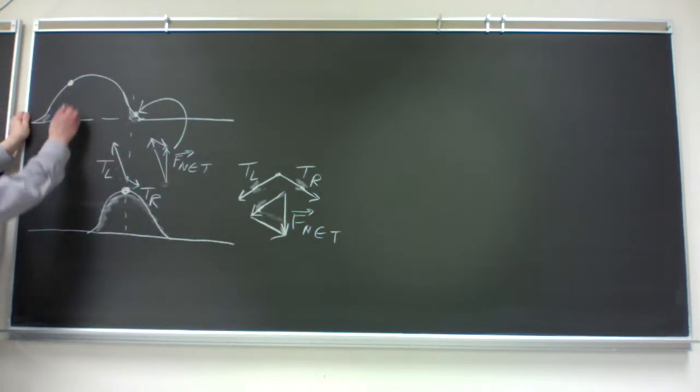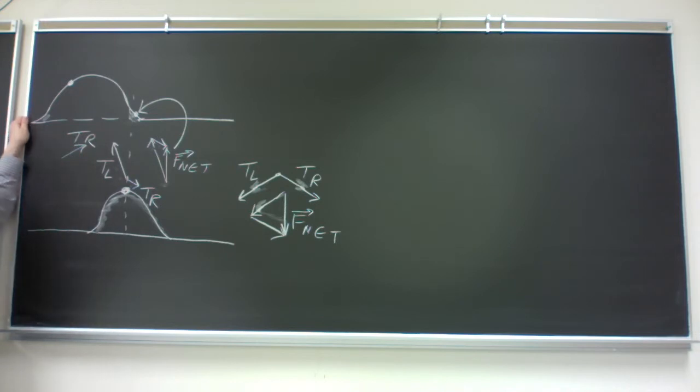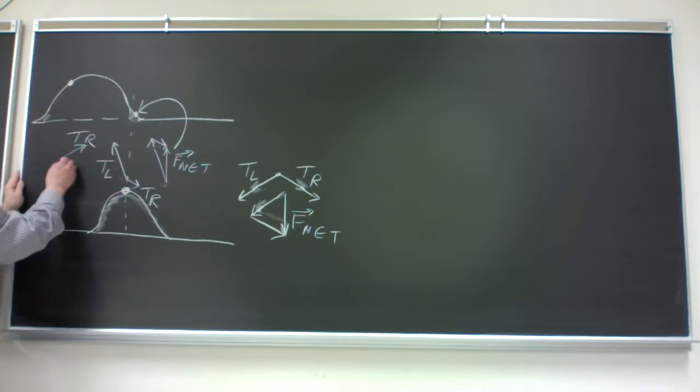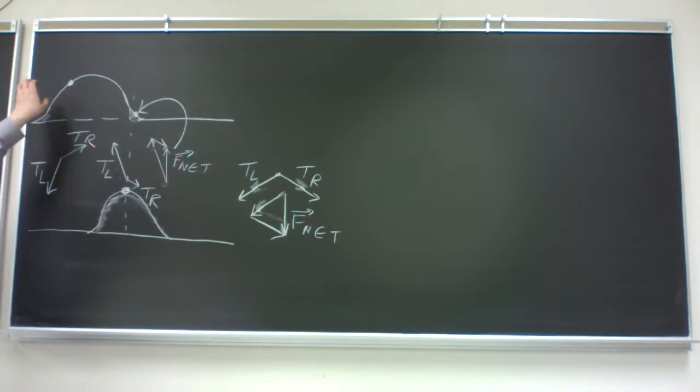So to the right, there's a tension force from the string to the right, and then on the left, pointing at a steeper angle, there's a stronger force, this part of the string being stretched more than this part of the string, a stronger force.